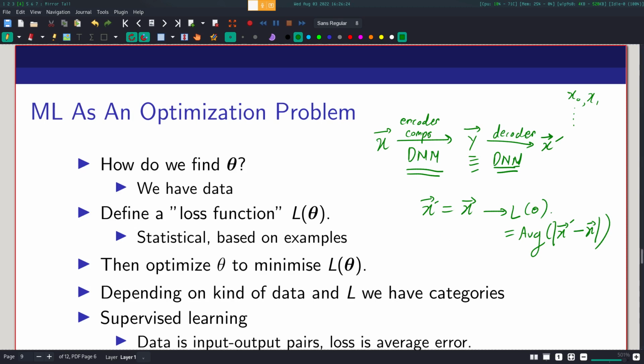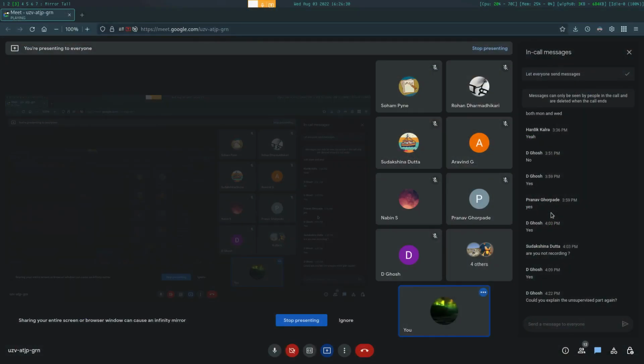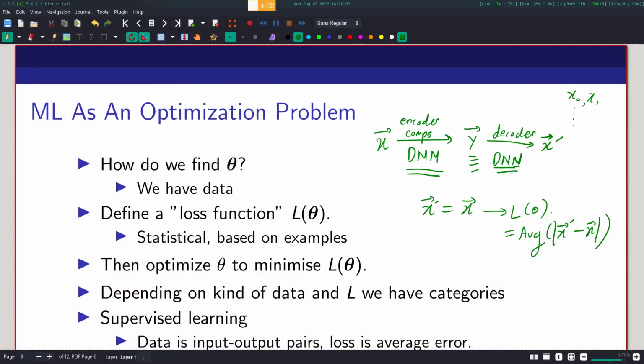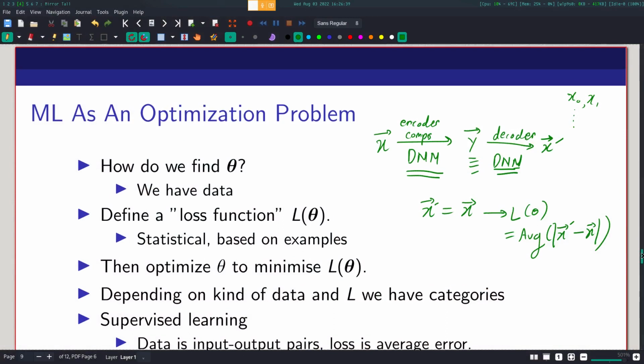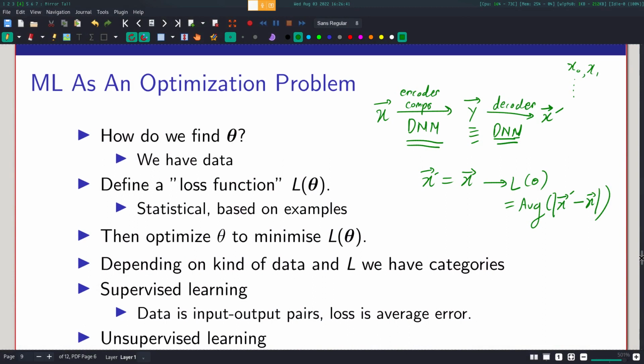So does this example of unsupervised learning, this encoder-decoder example, at least make sense? Okay. As you can imagine, there are other unsupervised learning problems where maybe even this doesn't work, and then you have to use other things.